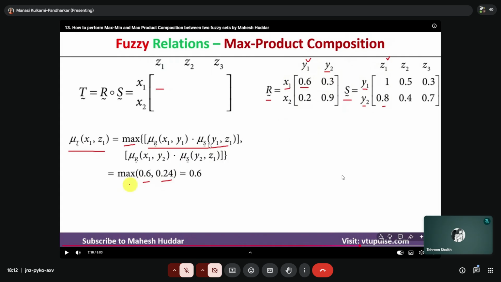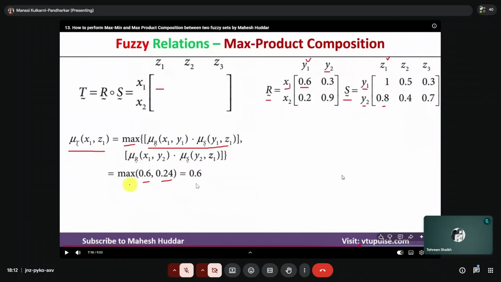Tell me what about this multiplication? What is x1 y1? 0.6. What is y1 z1? It is 1. So 1 into 0.6. Instead of writing it out, you better write down what this one is, that is 0.6. Then what is this one? 0.3 and 0.8, the multiplication of this is 0.24. So what is the max out of this?